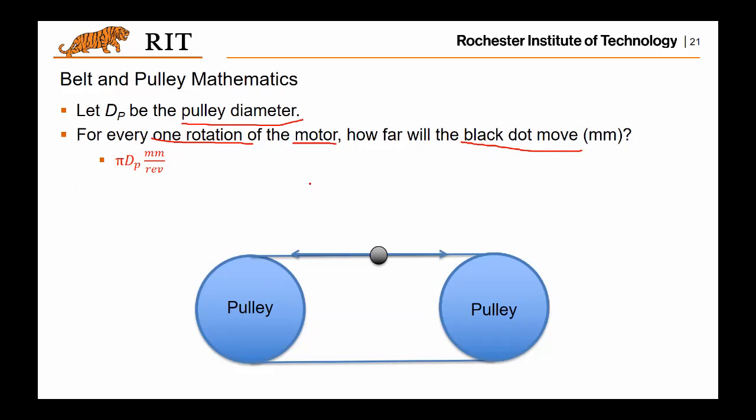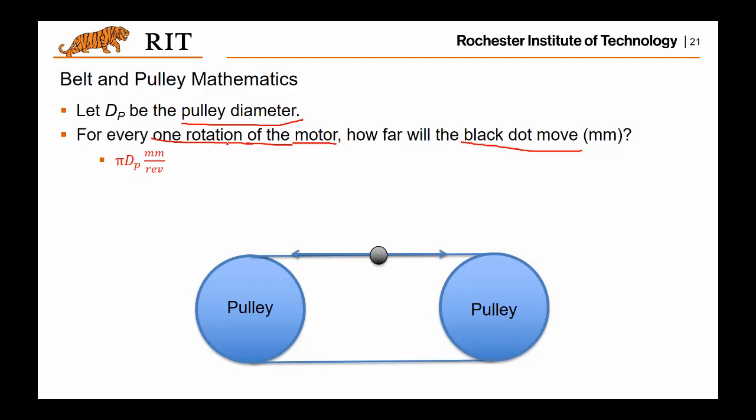As we know, if the motor moves one turn, the pulley also rotates one turn, and that's the assumption if there's no other information given. If there is a gear system given, that will be different. You have to do this conversion, right? As I mentioned previously. But let's assume the pulley is connected with the motor directly.